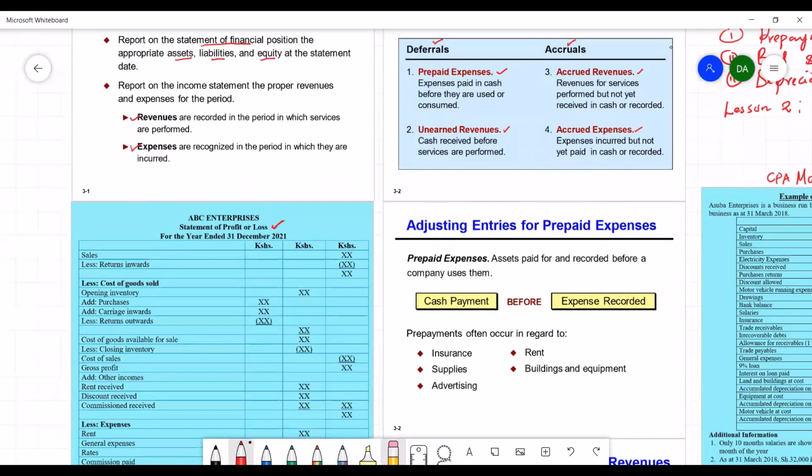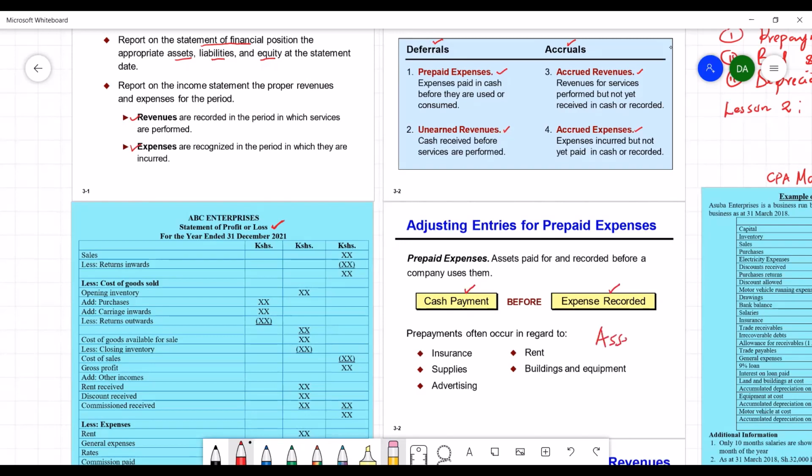Let us begin with prepaid expenses. Prepaid expenses are paid for and recorded before the company uses them. So cash payment takes place first before the expenses are incurred. In this case, therefore, the prepaid expenses are usually assets.